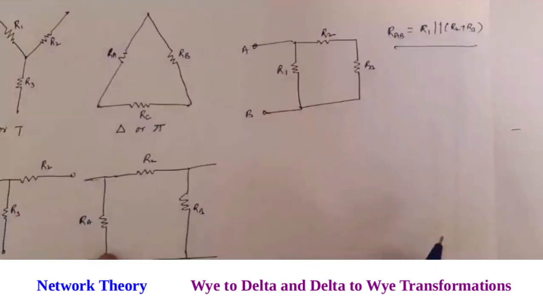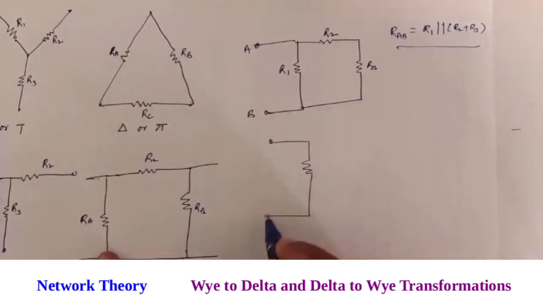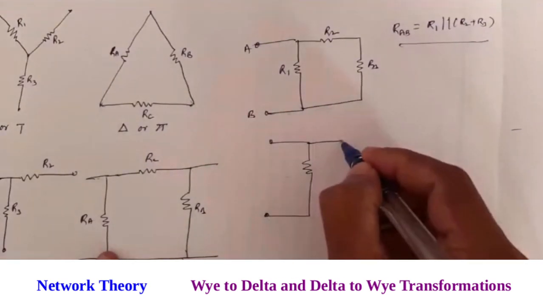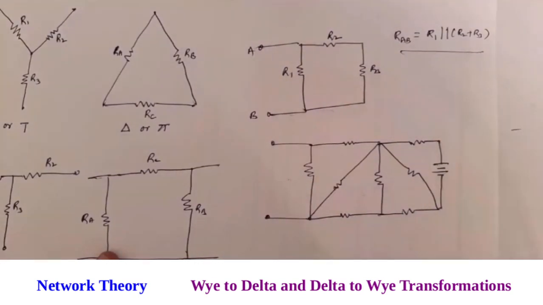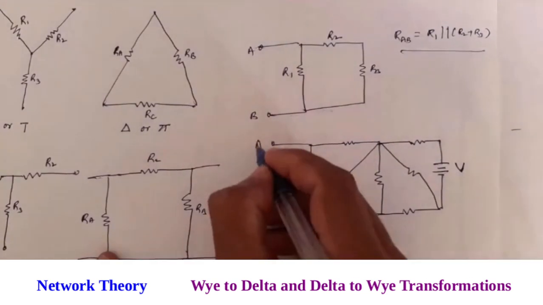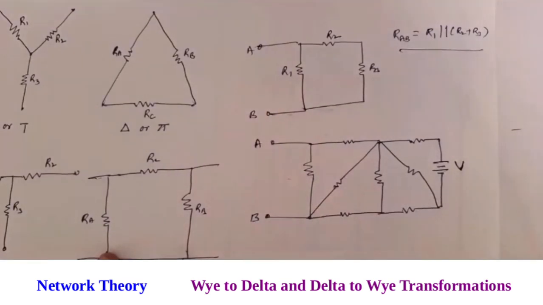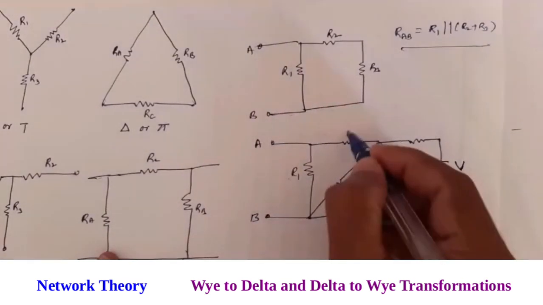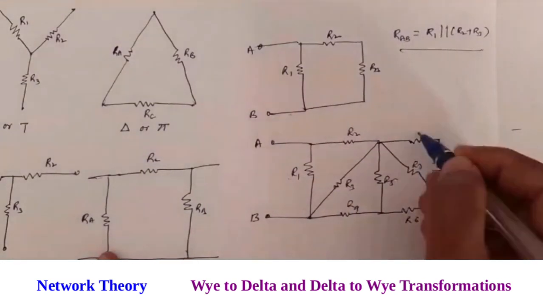Let us consider there is a network like this, with some source V, and I want to find the total reduced network between terminals A and B. These are some resistors: R1, R2, R3, R4, R5, R6, R7, and this is R8.